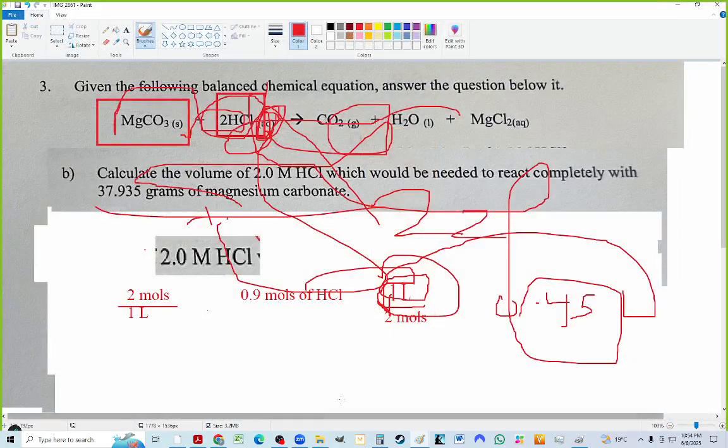So our answer is 0.45 liters. We ended up right back where we started from. A lot of multiplication and division to get back to 0.45, but that's the whole point. They want you to be able to take the paths needed across the Mole Bridge.